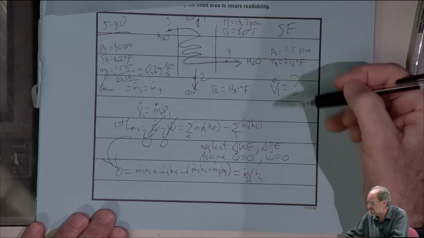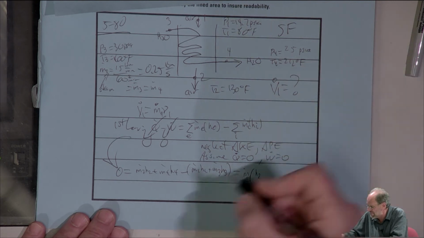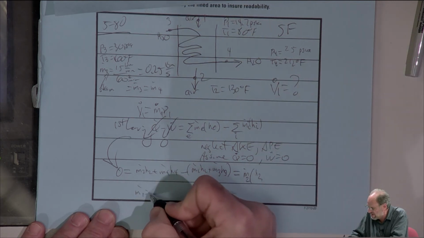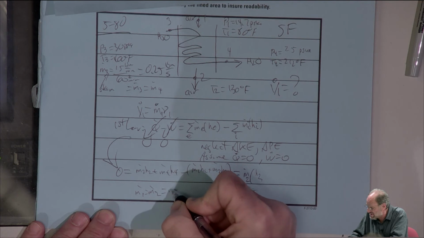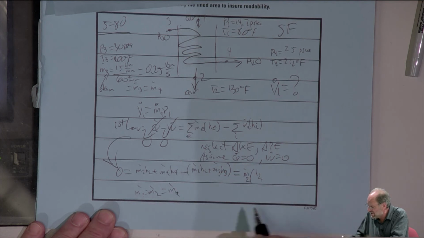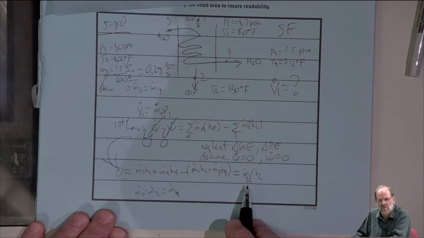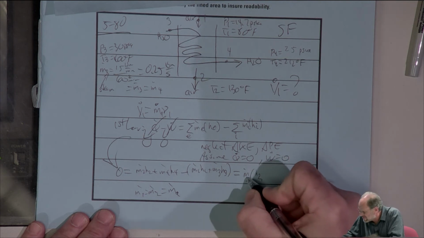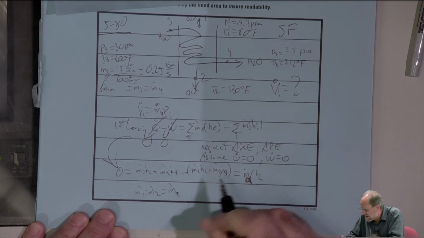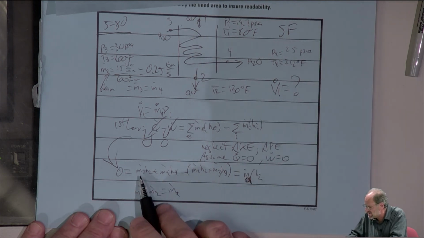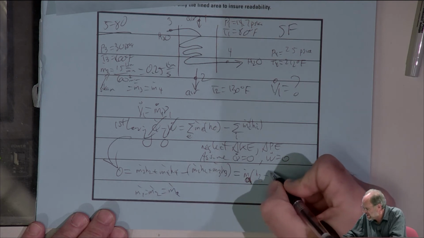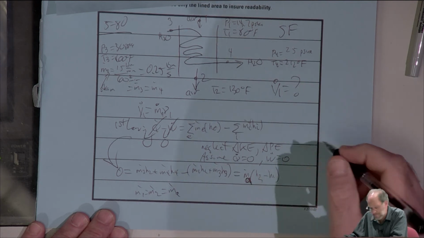But remember, it's a steady flow process. We should note that m dot 1 and m dot 2 are both the same. That's just the airflow. So maybe I shouldn't even bother using a 2 anymore. Let's just change that to air. M dot 1 is air, m dot 2 is air. So we can just write this as m dot air times H2 minus H1.